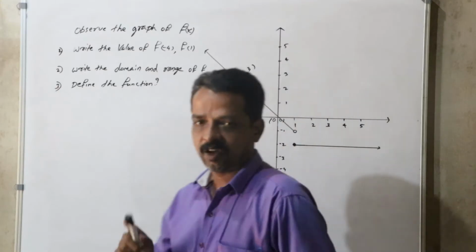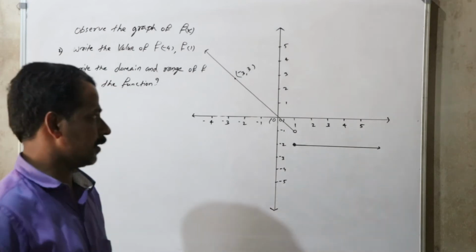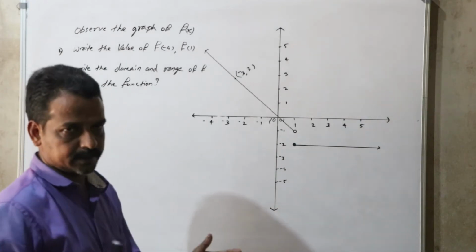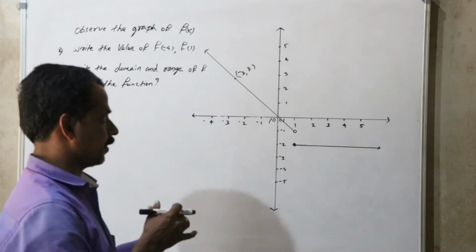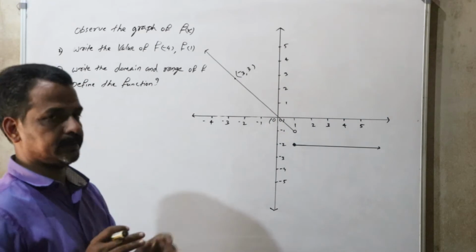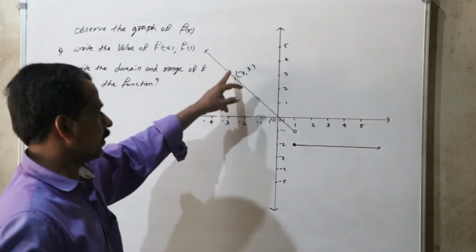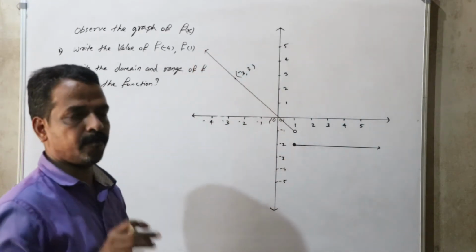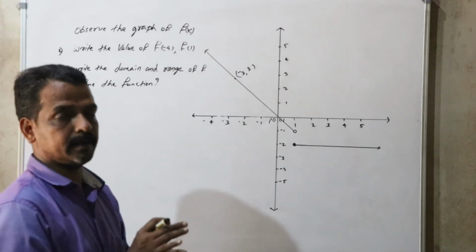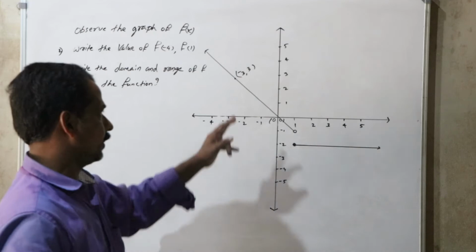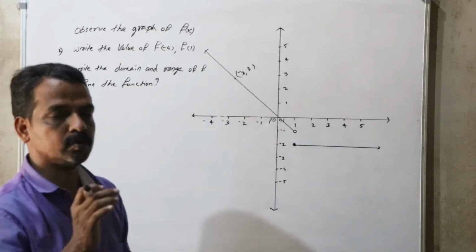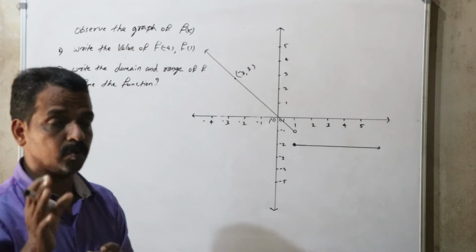Okay. Now we are observing the graph and we get some instructions from it. Here is minus 3, 3, a point. In this graphical line, for any point, the x coordinate is minus 2 and the y coordinate is 2.